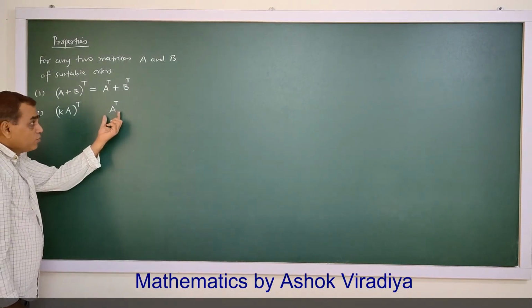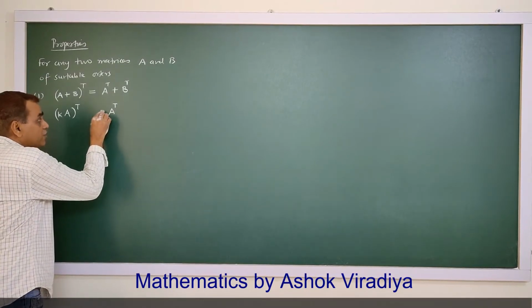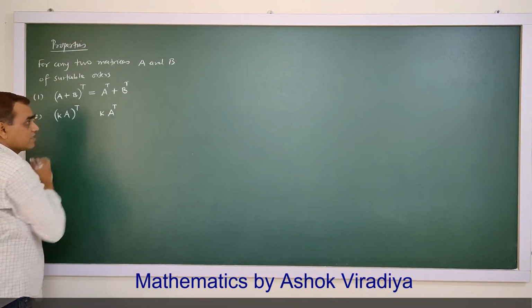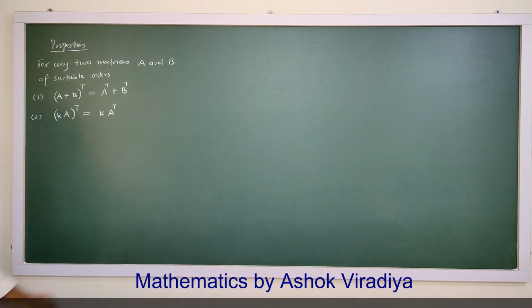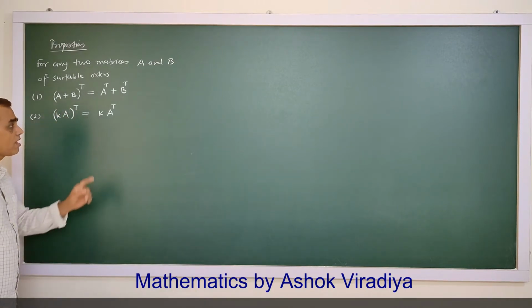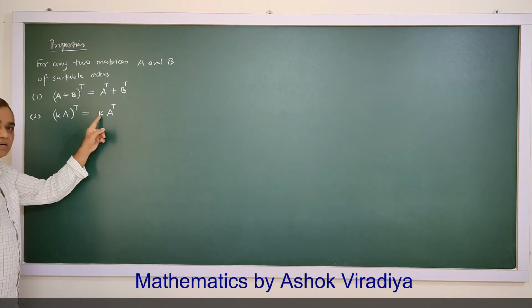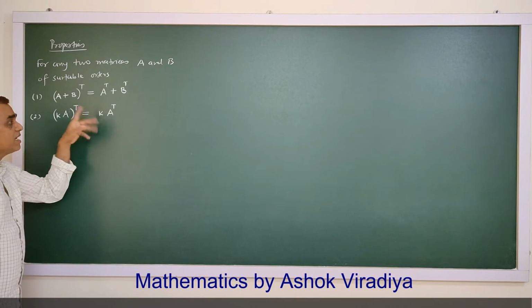After taking the transpose, whatever is obtained, that matrix you multiply by the scalar. These both matrices are the same. So remember, this is a symbol, it's not a power. The transpose of a matrix obtained by scalar multiplication is equal to multiplying the transpose by the scalar.